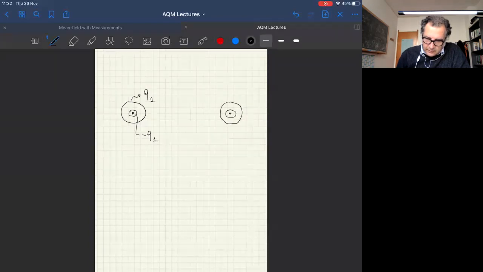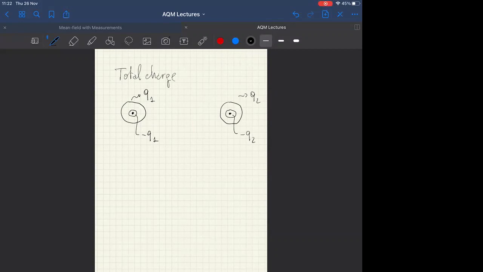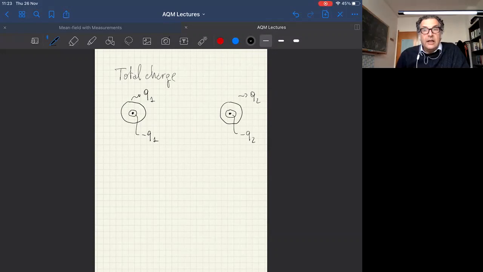So this is Q2, and inside is minus Q2. What is the total charge here? Total charge. 0. Very good. So in both cases, it's 0. So the Coulomb interaction is 0.